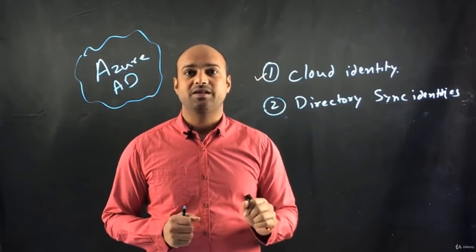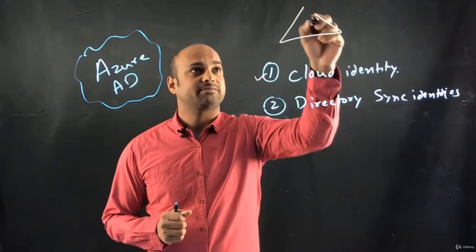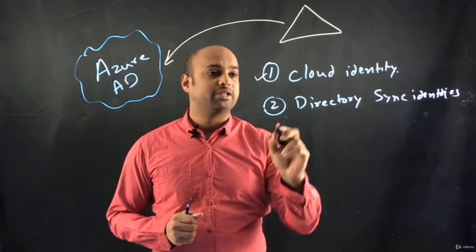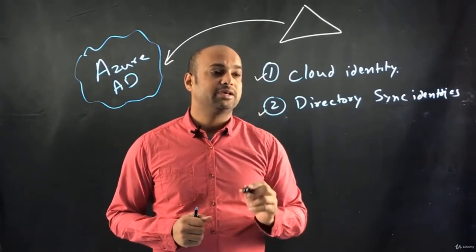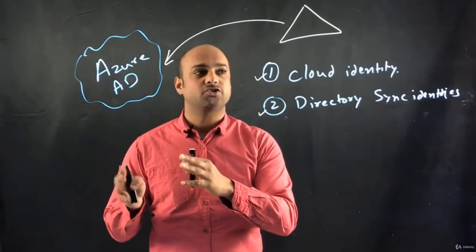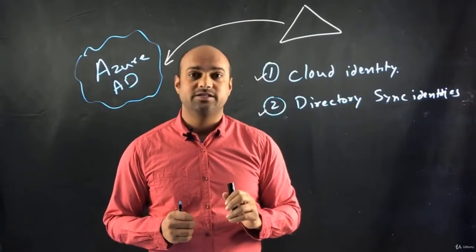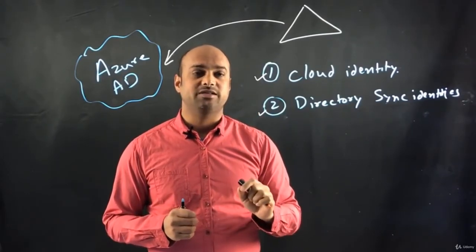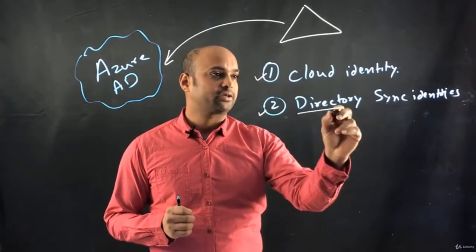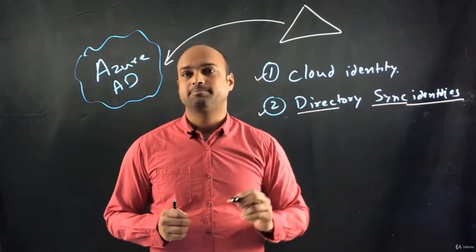They were not synchronized from your on-premise to Azure Active Directory. Well, such accounts will then be called directory sync identities. So any account that is created natively in Azure is called cloud identity, but accounts that are synchronized from on-prem to Azure Active Directory are called directory sync identities.